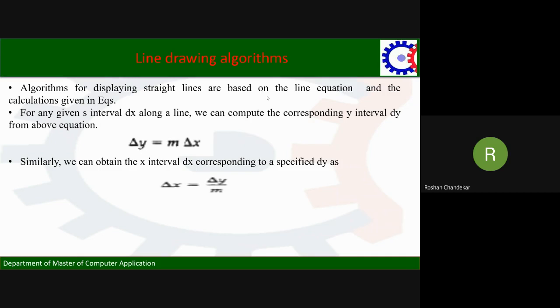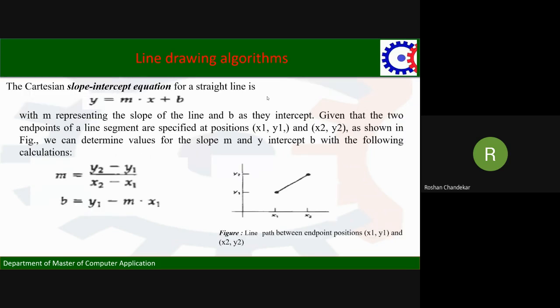How is this generated? It is based upon the equation m is equal to delta y divided by delta x. We represent y2 minus y1 as delta y, and x2 minus x1 as delta x. So m is equal to delta y divided by delta x.